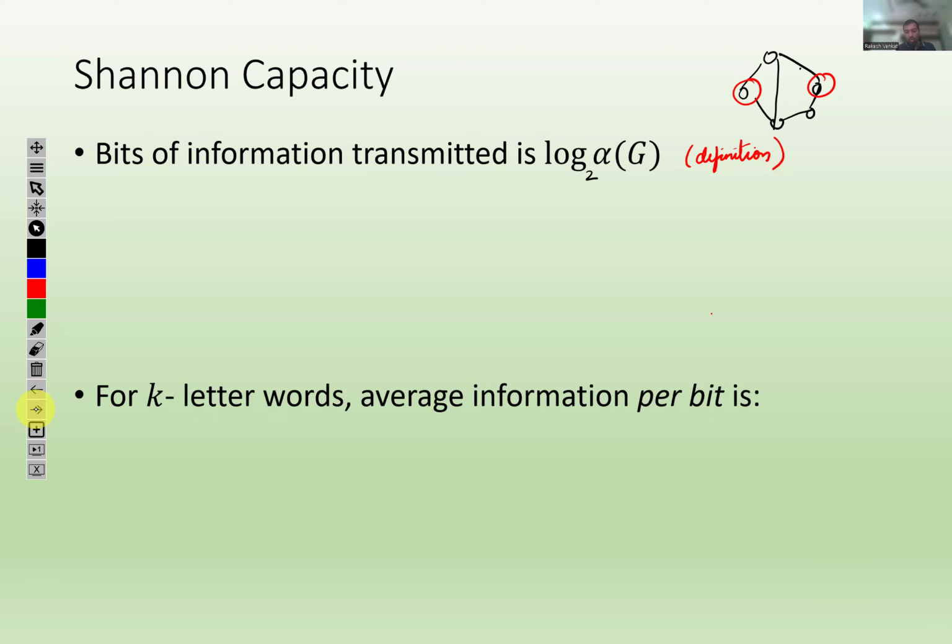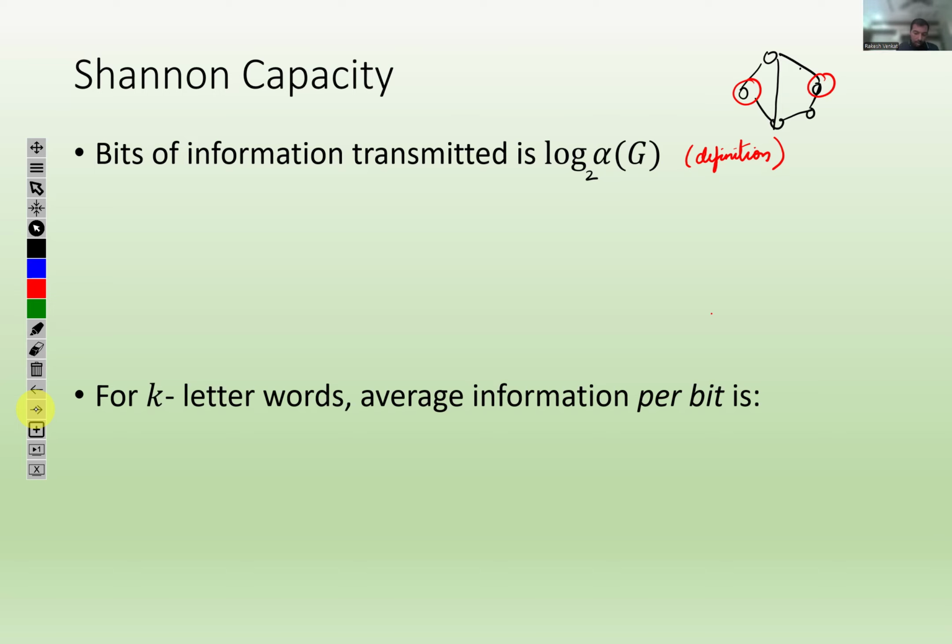Now, suppose you have k letter words. Then what is the average information per bit? If you're taking a base graph G and powering it k times, and then transmitting symbols from that graph, which, as we had seen, alpha of G power k is greater than alpha of G to the power k.